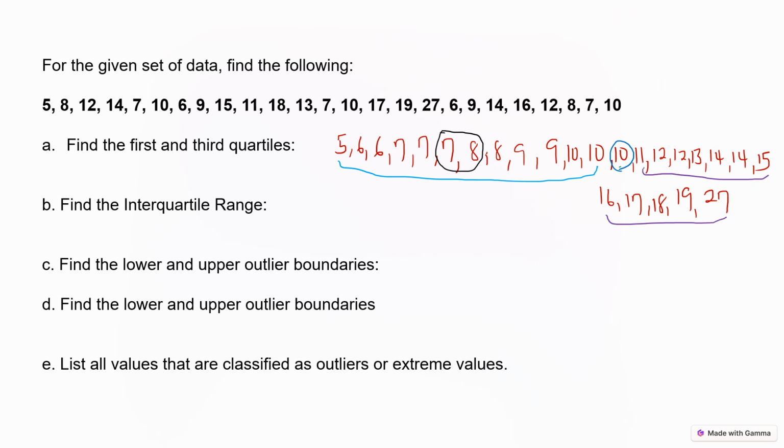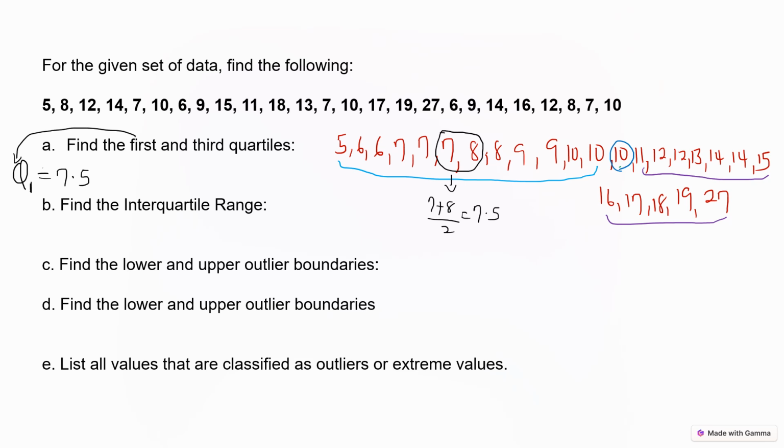So if you take the average, 7 plus 8 over 2 is 7.5. So the first quartile, represented as Q1, equals 7.5.